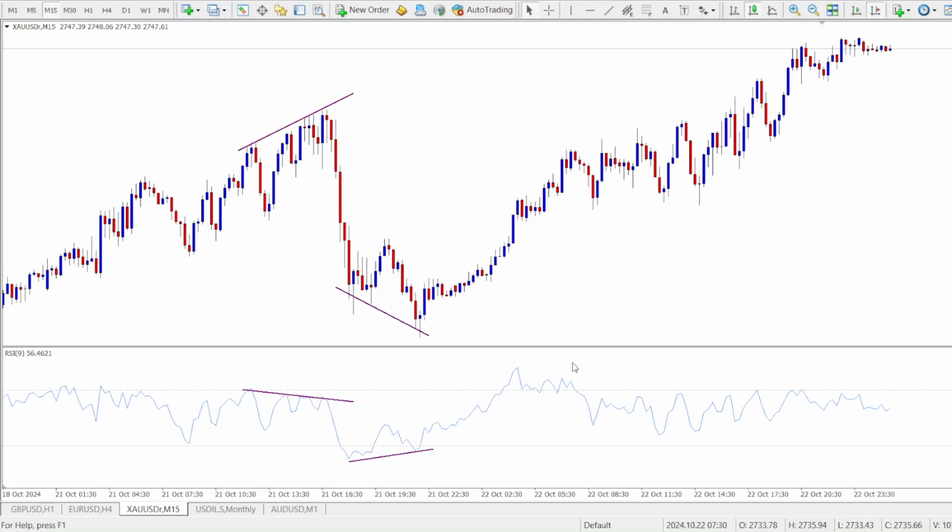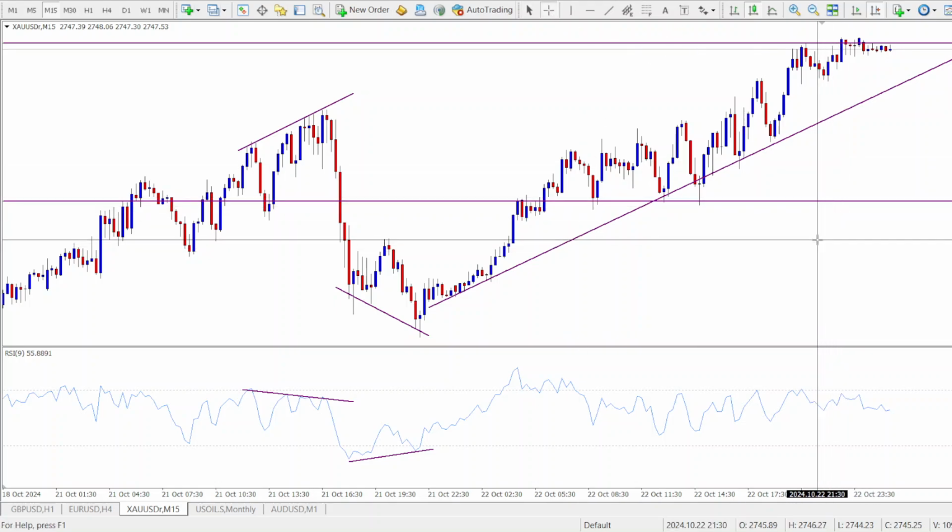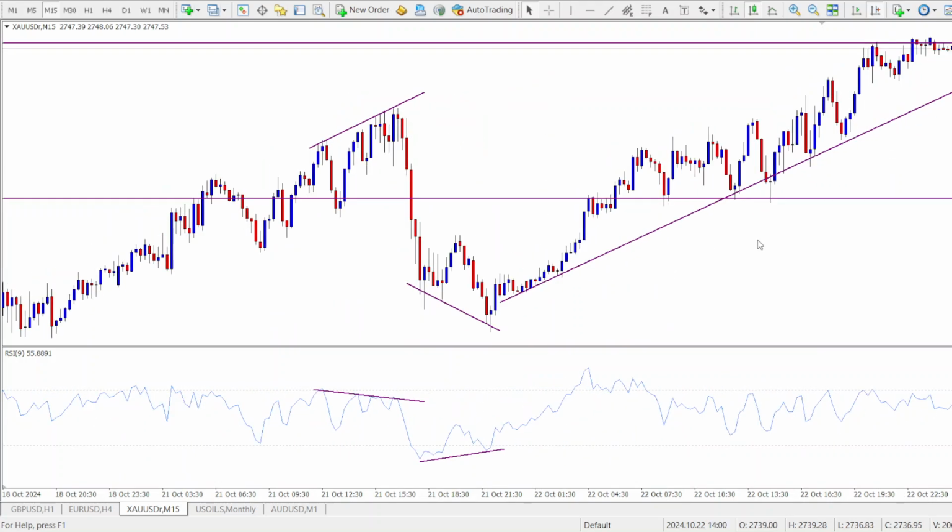So be cautious and avoid relying solely on RSI for your trading decisions. It's important that you also make use of trend lines and horizontal support and resistance zones. They are very important. And you can also add other indicators just for additional confirmation.